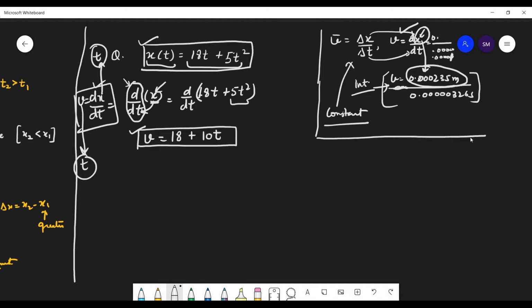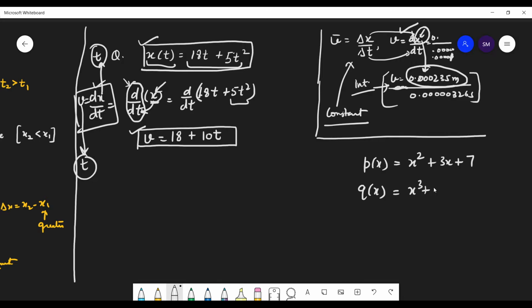We have already studied functions. See, polynomial function p of x equals x square plus 3x plus 7. So that's another polynomial function.